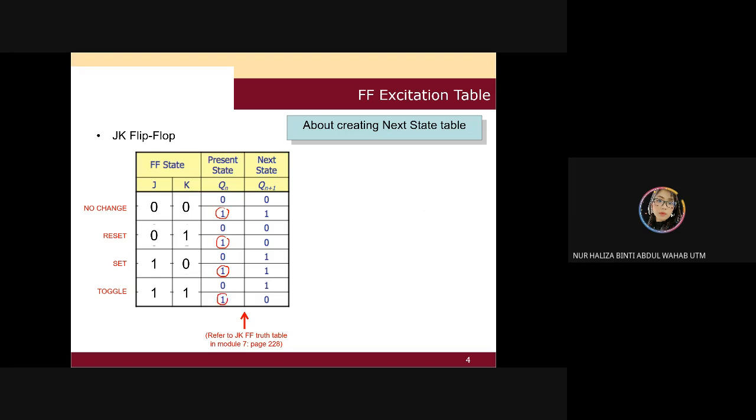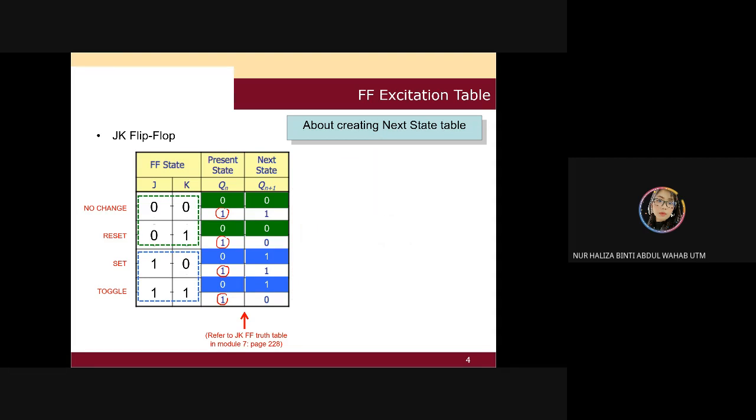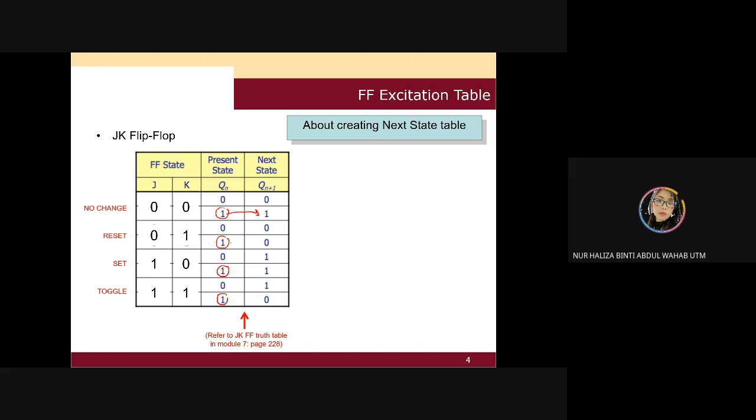What you're going to do is maybe you're going to change at the condition of J and K. Now we have, this is going to go 1. What is the condition? J is 0, K is 0. And here, J is 1, K is remain 1. So it's going to be X.